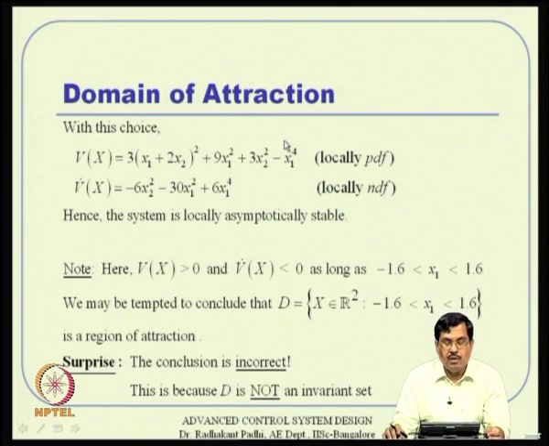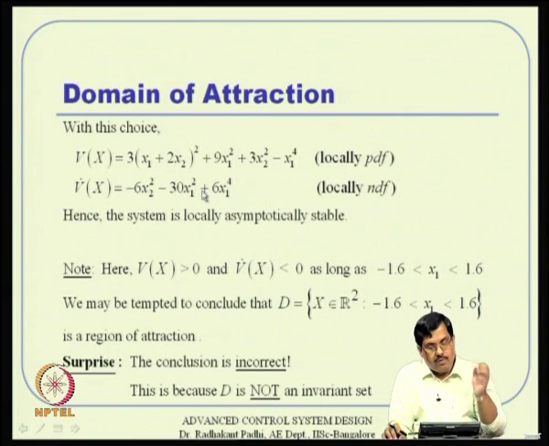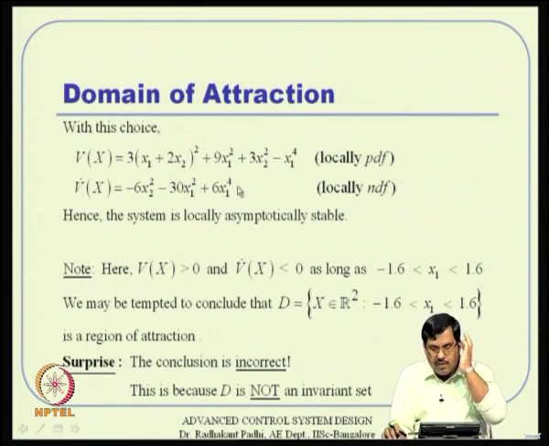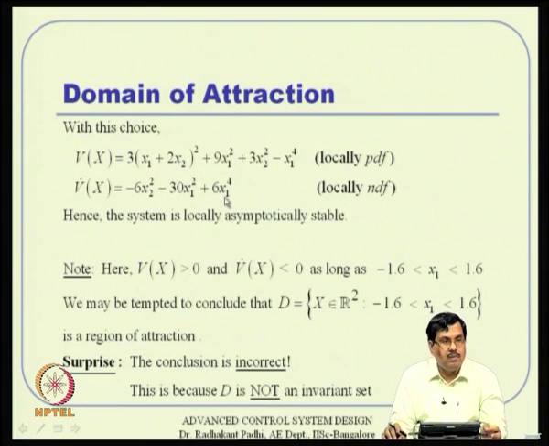It tells us that it is locally positive definite, this particular thing, and then V dot is whatever is here. Remember there is a minus 30 x 1 square, but plus 6 x 1 fourth, which again is less powerful. So, it is locally negative definite. So, this is locally PDF and this is locally NDF, and hence the origin is locally asymptotically stable.